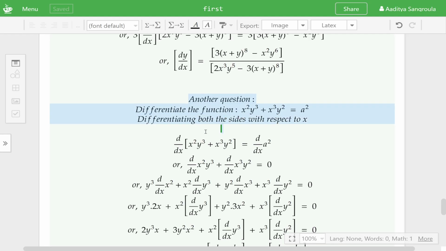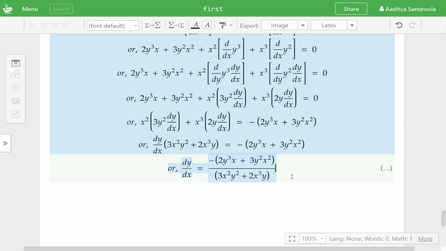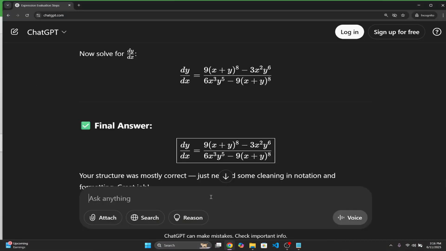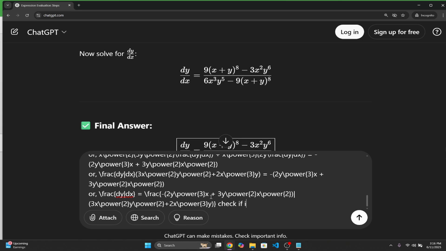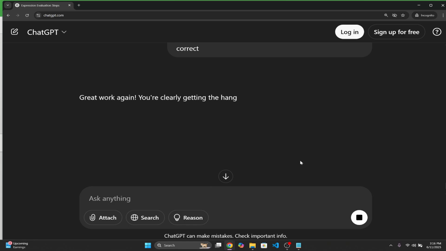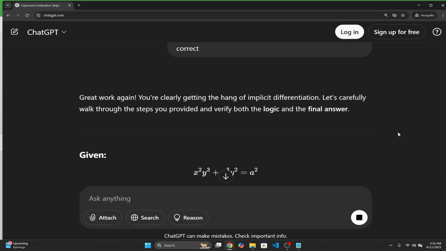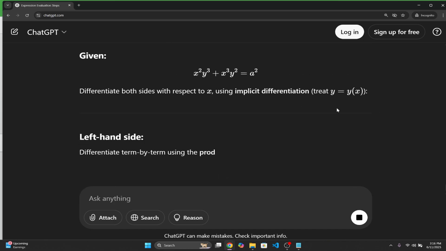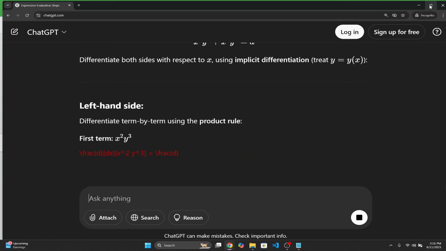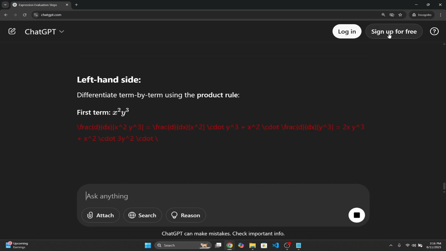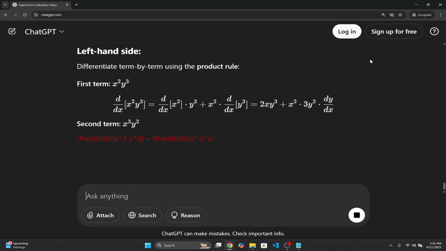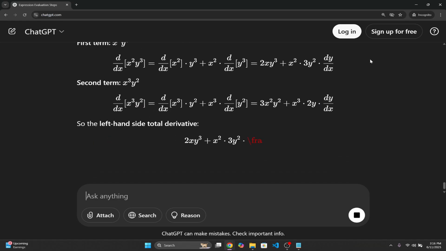If you want to check the thing, we copy it out, give it to ChatGPT, and say check if it's correct. You're clearly getting the hang of whatever it is, I just want it to be checked. It's using the product rule and doing a bunch of stuff that I don't want to see because it's absolutely hot here.